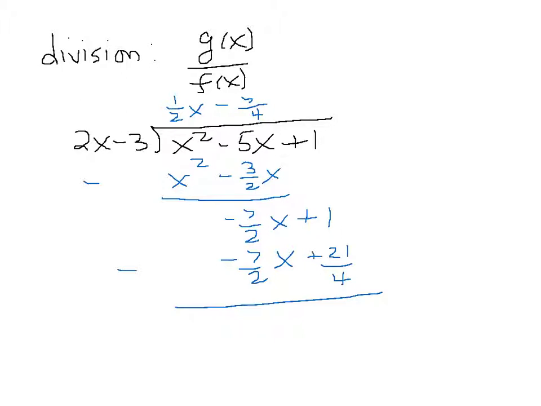So 1 minus 21/4 is minus 17/4. I can just write that as remainder minus 17/4. So that's a pretty ugly problem, but that's the way that we divide, and that's long division, and you have seen that before.